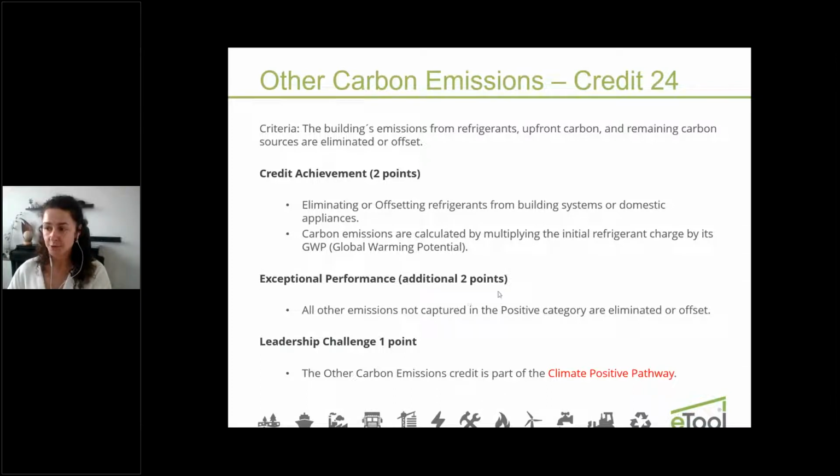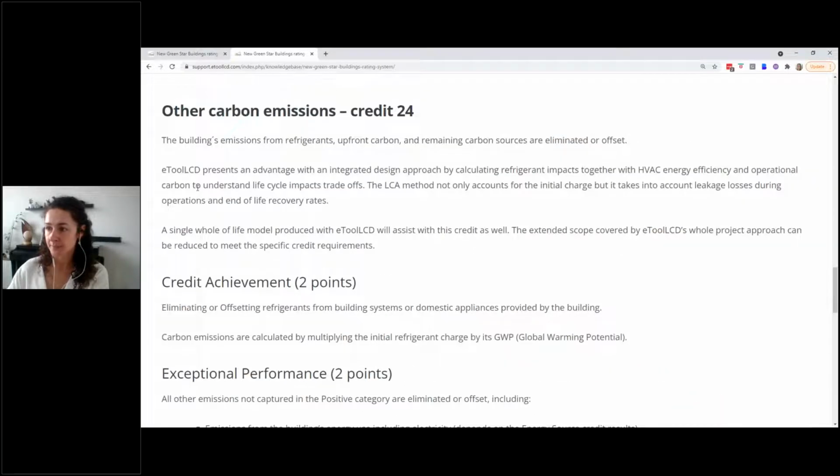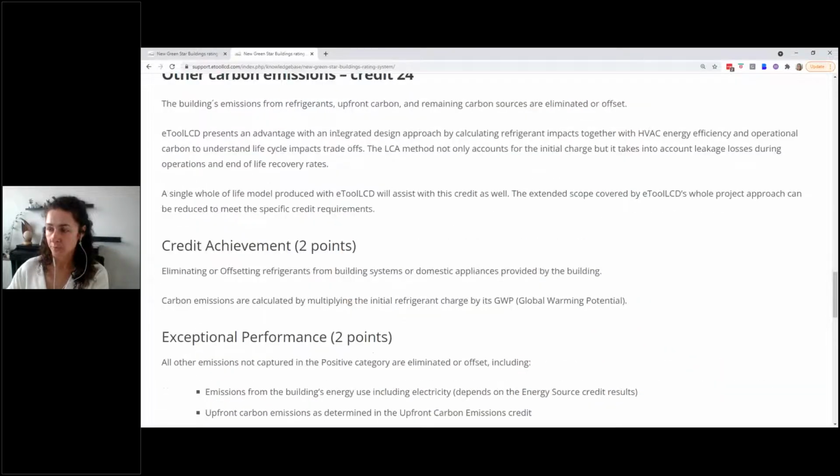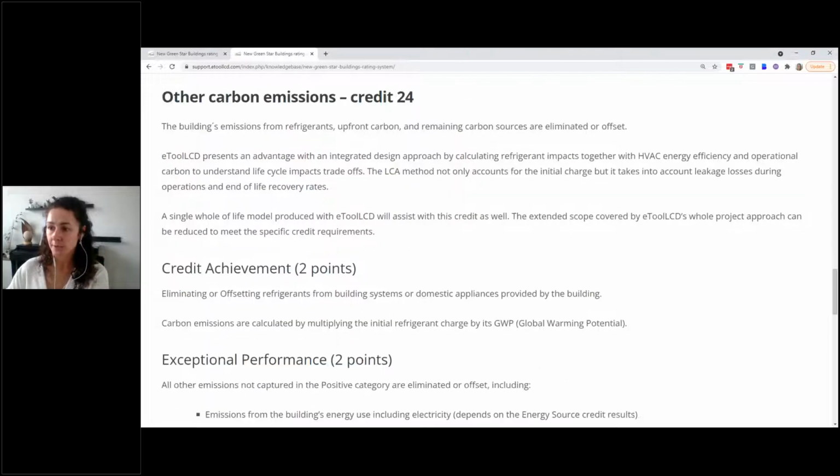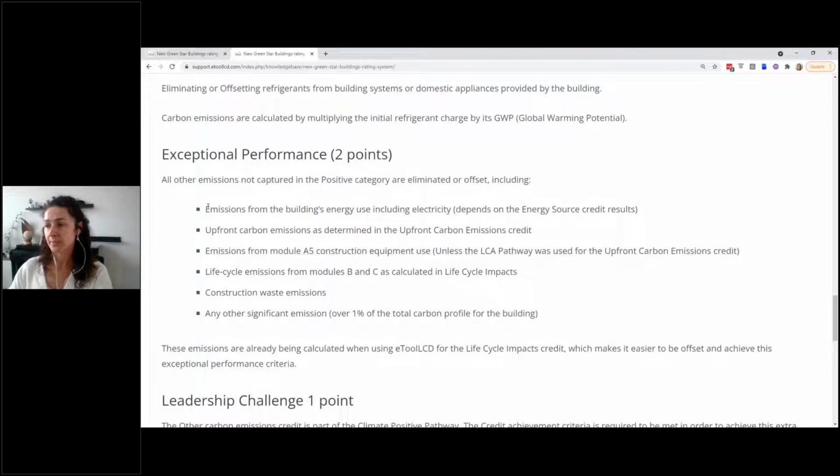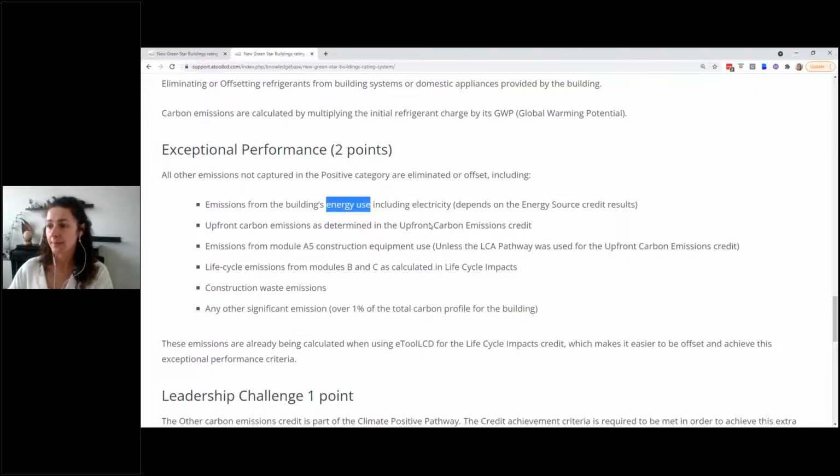And then additional points can be achieved for exceptional performance if you look also at other categories. As I said before, in the description of this credit, you can look at, for example, emissions from buildings' energy use, if it's not a net zero building.